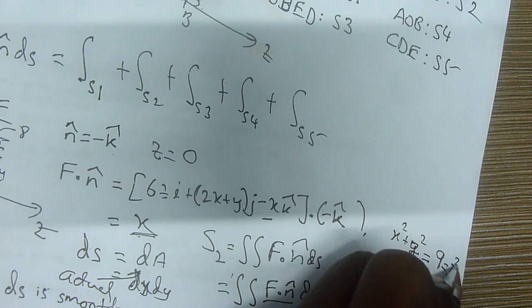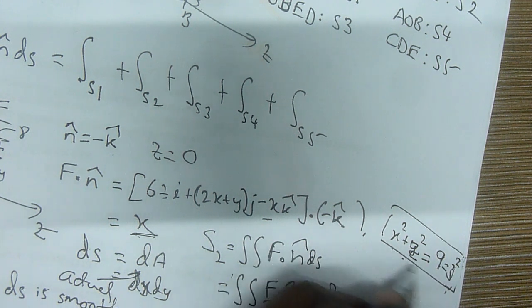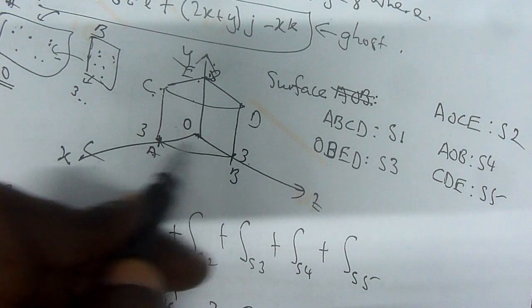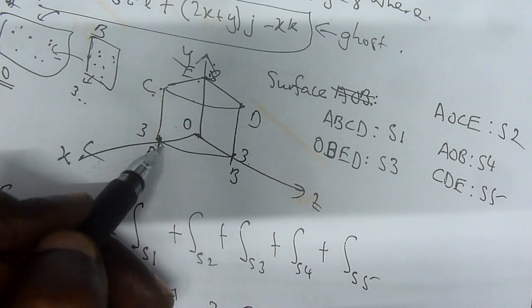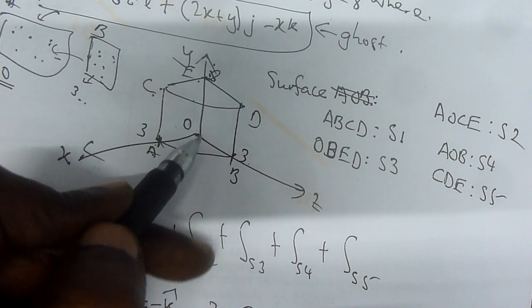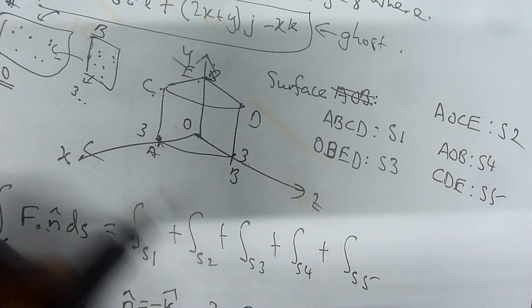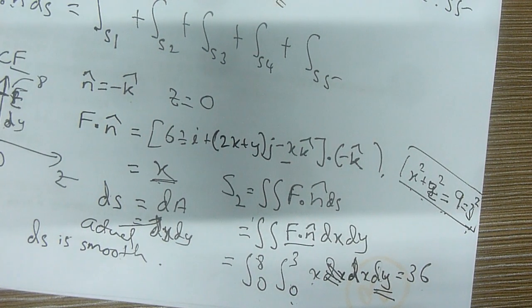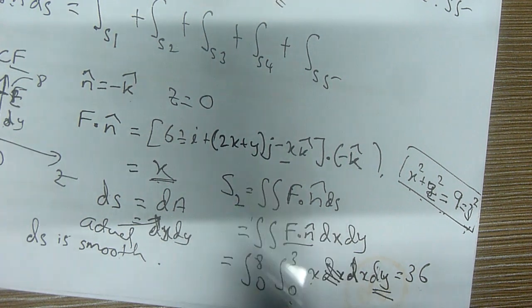It's just 3 squared. I want you to know this part. This is 3, then you can see from here, this is 8 to 0. This is 0 to 3. I hope that the first problem we managed to solve. S2 is 36. Now let us do the next one.